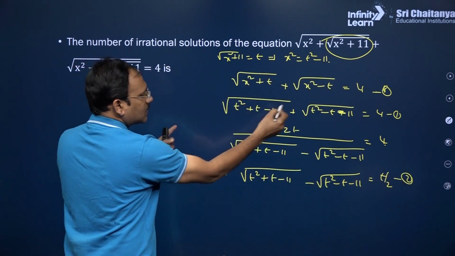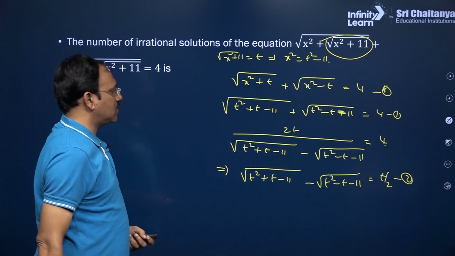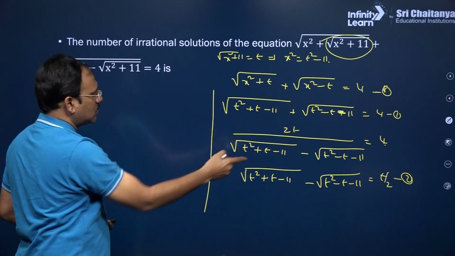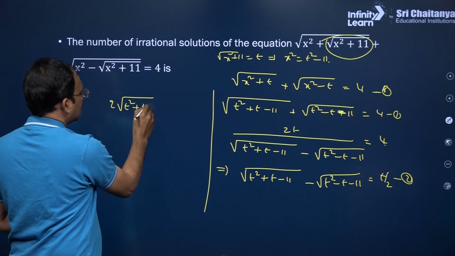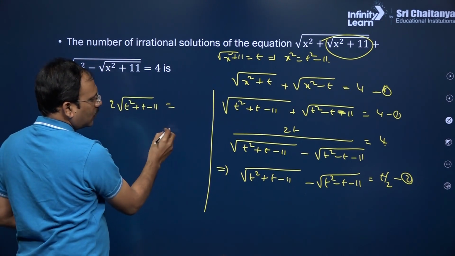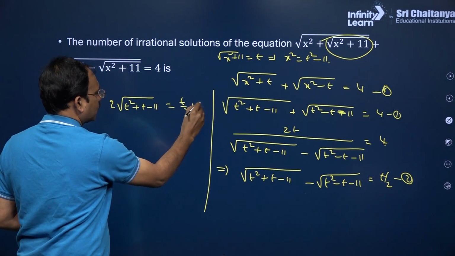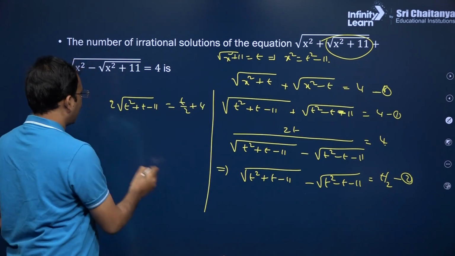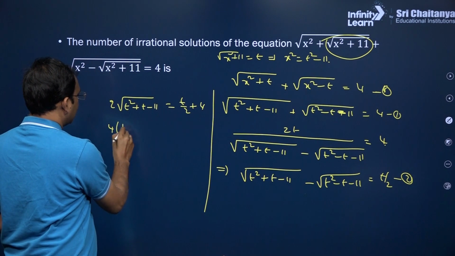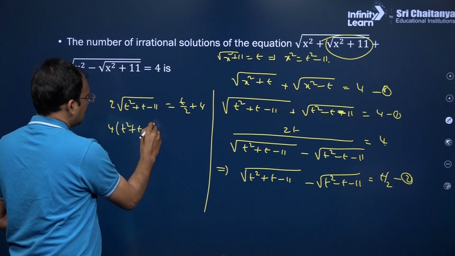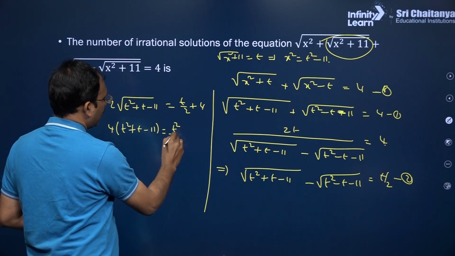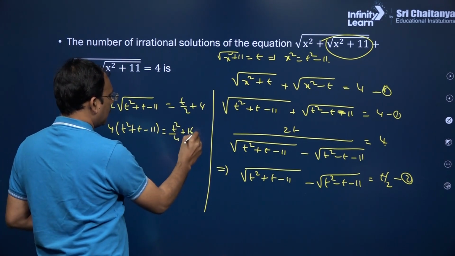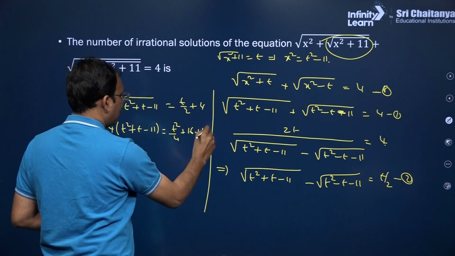You see, like x plus y is 4, x minus y is t by 2. You just add these two, my dear friends. You will get 2 times root of t square plus t minus 11 is equal to t by 2 plus 4. Now, again you square. This is 4 times t square plus t minus 11 is equal to t square by 4 plus 16 plus 4t.